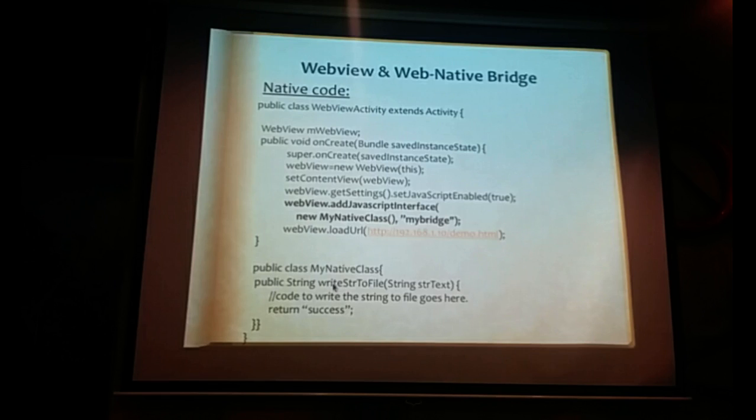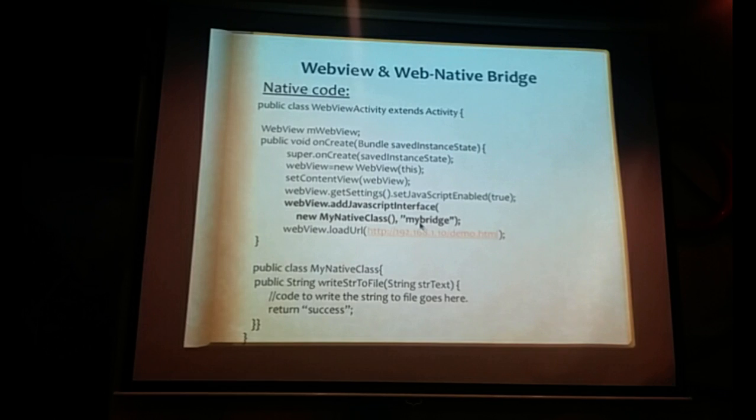For example, here you have writeStr2File in the class, and this particular method is exposed over the bridge, and myBridge is the bridge handler. Clear? So again, writeStr2File is a native API which is exposed over the bridge, and the bridge handler is myBridge. And finally, you load the HTML page from the server.